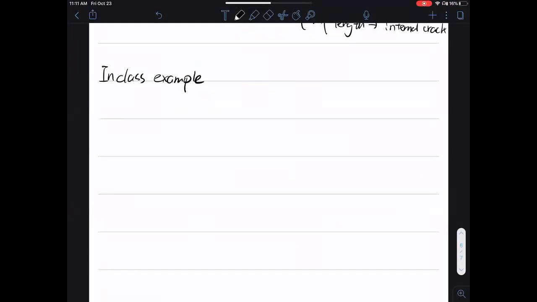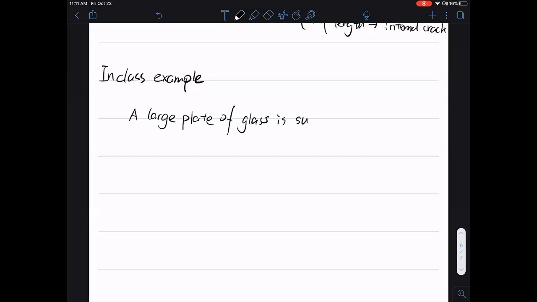So we have an example with a large plate of glass. This glass is subjected to a tensile stress. The tensile stress sigma naught equals 40 megapascal.